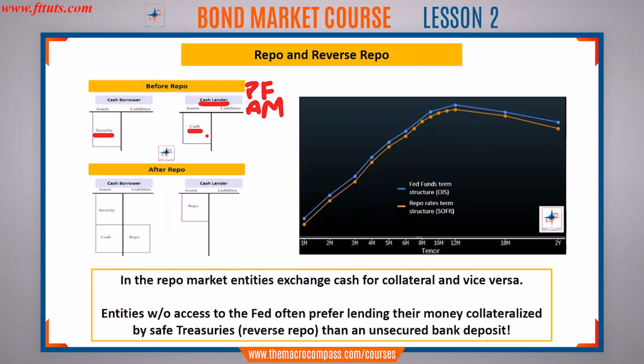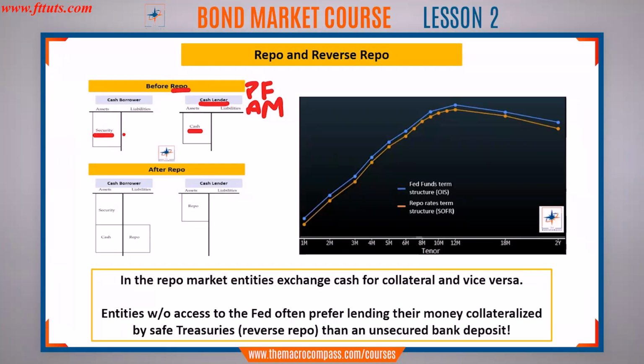All institutions without access to a risk-free deposit rate like a deposit at the Federal Reserve will be looking for ways to lend their cash in the repo market in exchange for a collateralized security. So they want to make a collateralized loan. They want to lend their cash and they want that loan to be collateralized by a security.